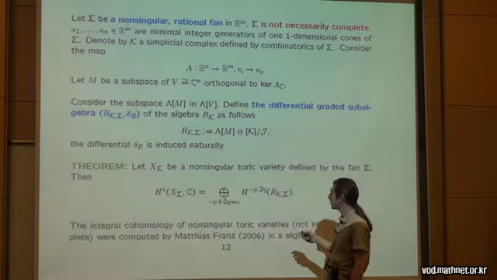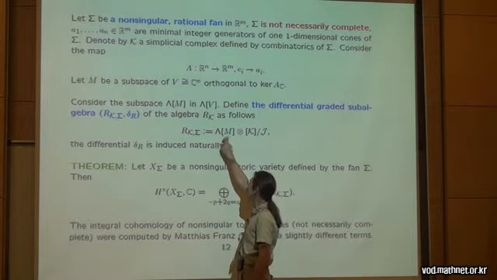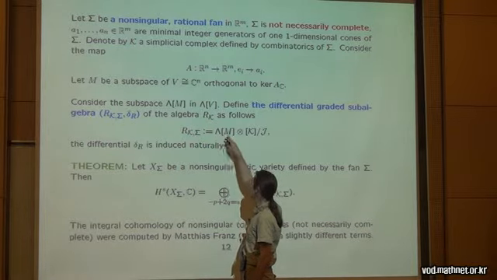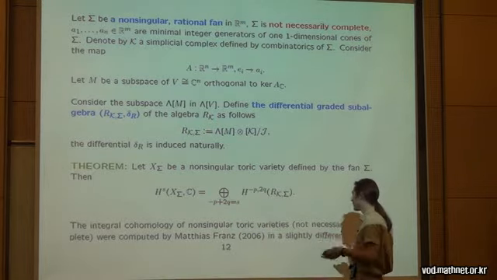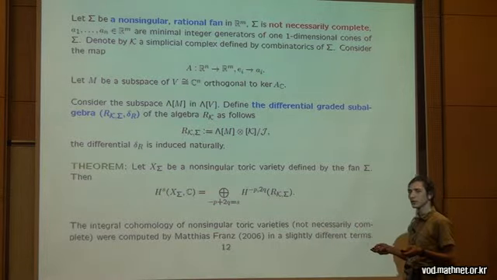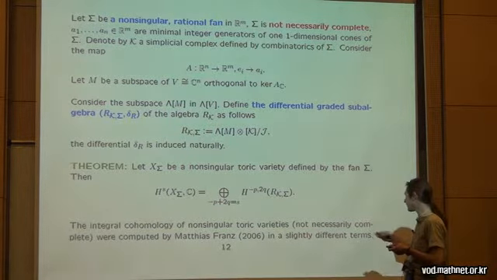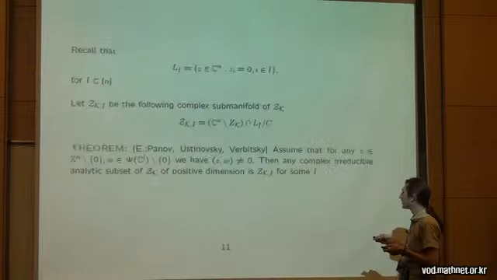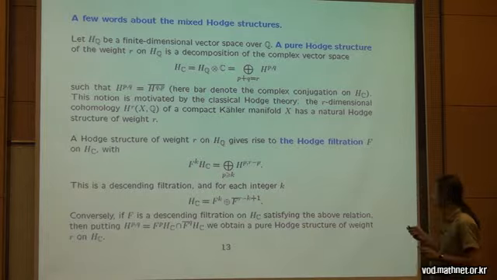R_K(sigma) is an algebra similar to R_K, and we just change here the exterior algebra Lambda V by Lambda M, where M is some subspace of V. And integral cohomology of non-singular toric varieties were computed by Matthias Franz, I think he's here, in slightly different terms. What I want to say, probably I need to hurry up.